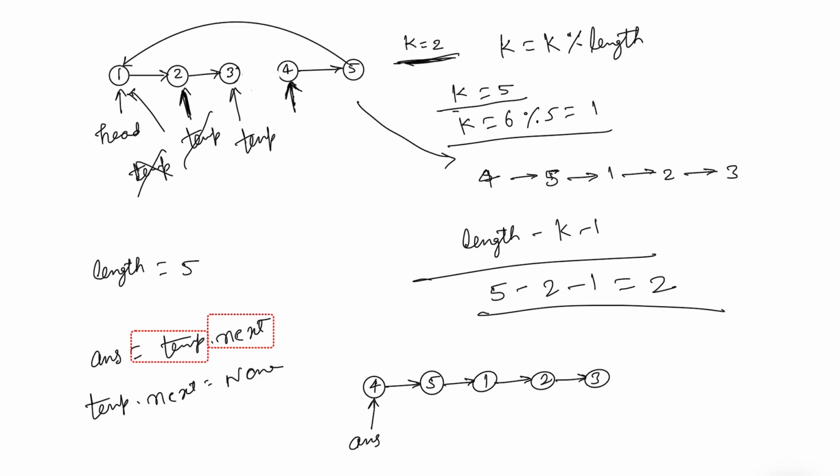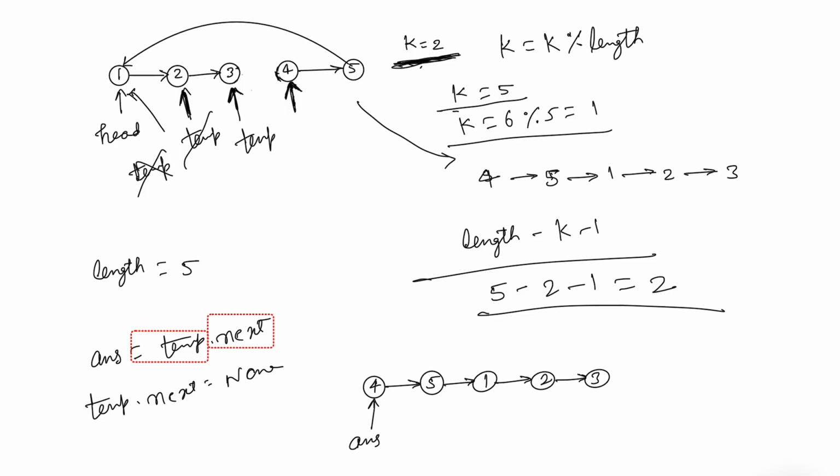Last node next will be head, and until length minus k position. Here length was 5, 5 minus 2, 3, minus 1, that means those many times, because we were starting from head. So length minus k minus 1 times we will move, and we will store the next pointer of the last where we are going, that means this temp.